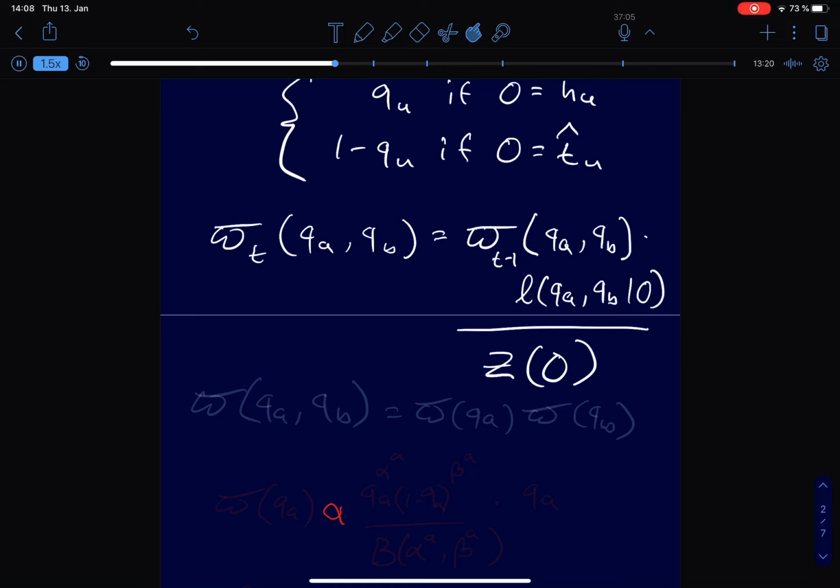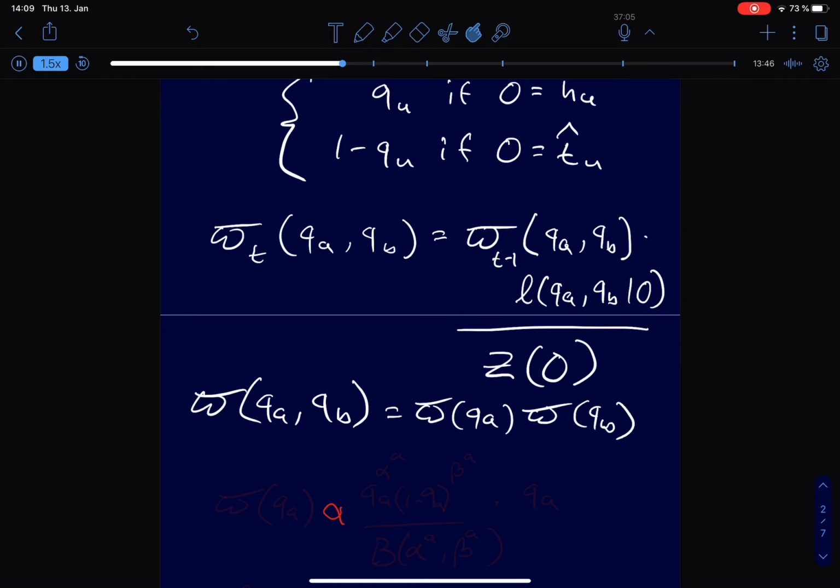If we take this beta distribution, varpi of qA and qB, these are independent of each other. So it's really varpi of qA times varpi of qB.